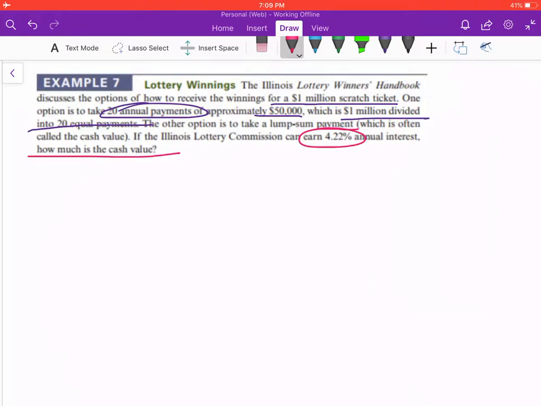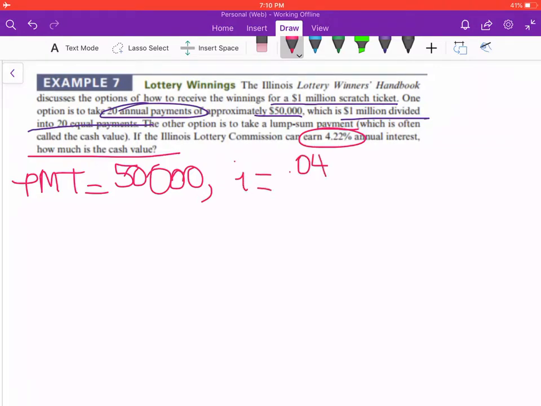So what we're going to do is use the payment as 50,000, and we're going to use i as 0.0422 divided by 1 because it is compounded annually. We're talking about 20 annual payments, so n equals 20 because it is one payment per year, 1 times 20, 20 years.